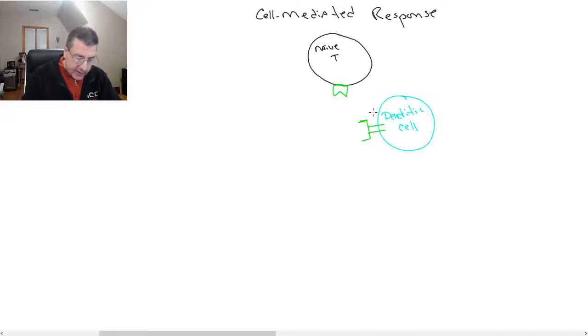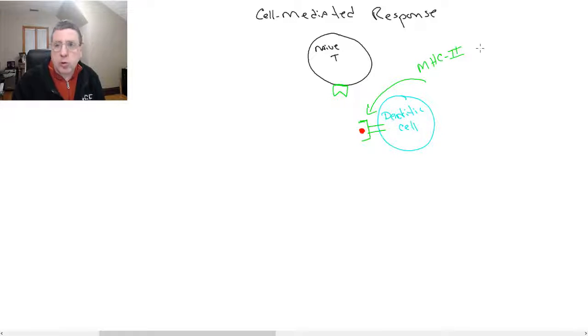Okay, so let's say that dendritic cell ran across this antigen. So this is an MHC2 receptor on that one. And what happens is the receptor on the naive T cell is specific for this antigen, okay?